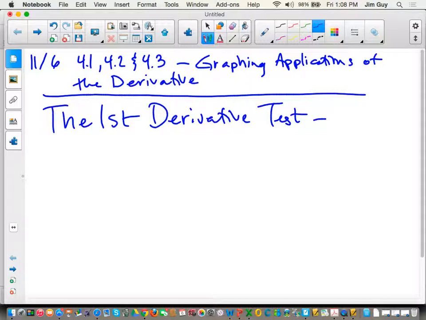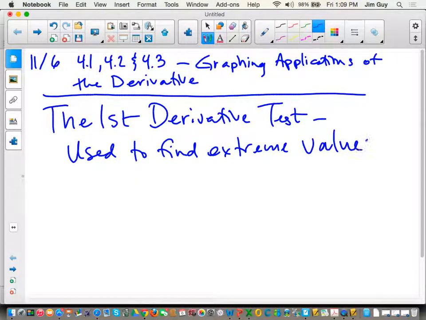Okay, and so this is going to be used to find extreme values. And by extreme values on a graph, we mean maximums and minimums.